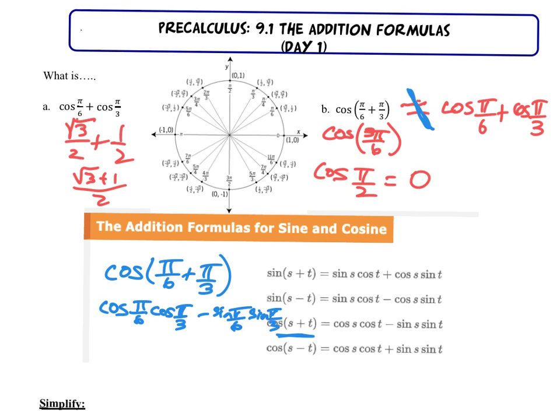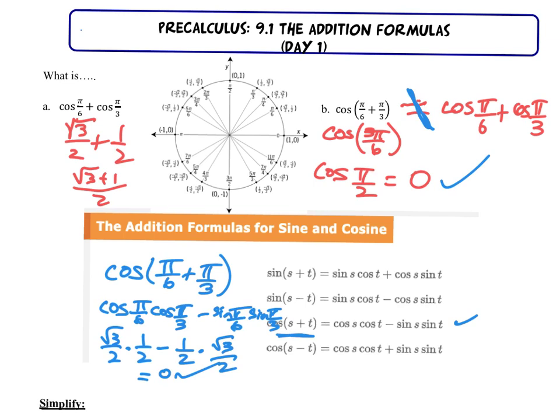Well, cosine pi over 6, we know, is root 3 over 2. Cosine of pi over 3 is 1/2. Minus sine of pi over 6 is 1/2 times sine of pi over 3 is root 3 over 2. Do you see that we get 0? Check, check, check. So the formulas work.